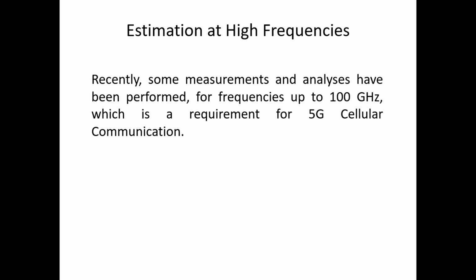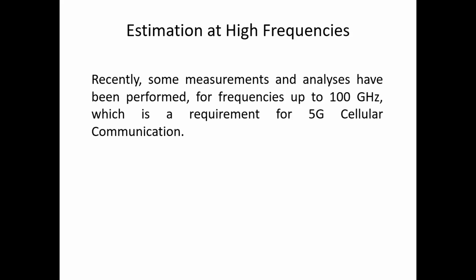And let me tell you, as I told you before, that in the research lab there are activities up to 300 gigahertz. So there are really a lot of activities above 100 gigahertz. There are different bands, E band, G band. I'll give you the frequency ranges for these very high frequency ranges.